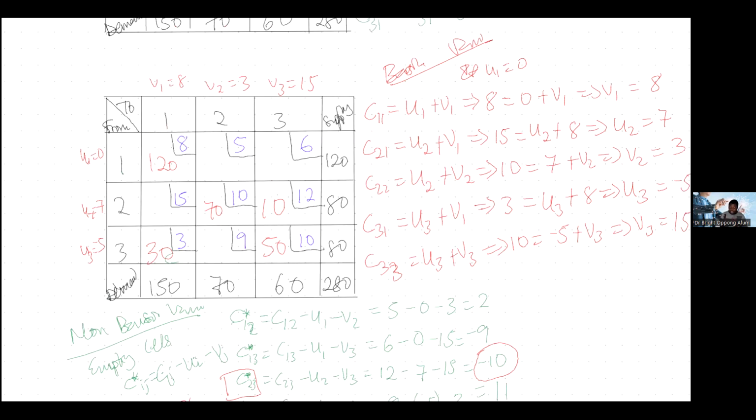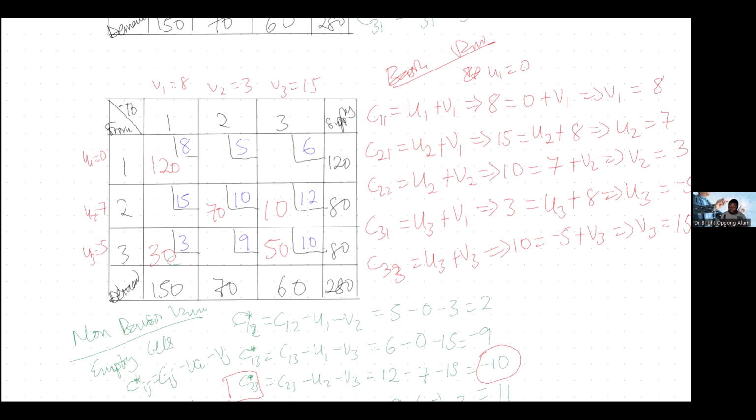So what we have to do again is to evaluate the basic variables to see if all the net cost changes are positive, and therefore there's no need to have any empty cell being reallocated. So we will look for our new Ui and Vj, and use that to compute our new net cost change.